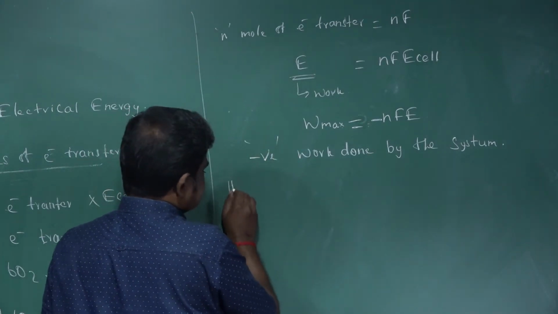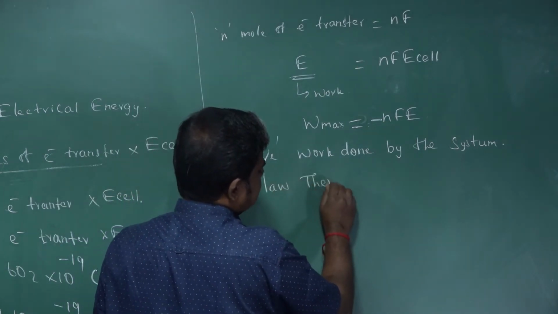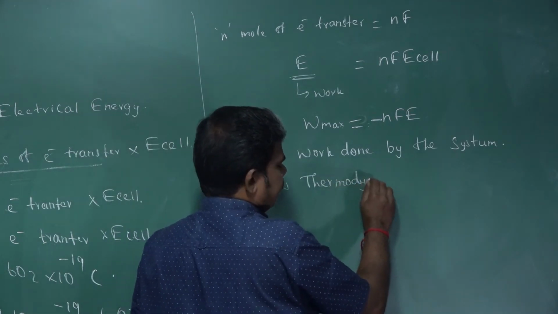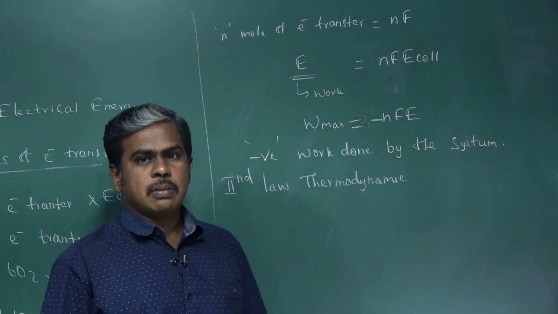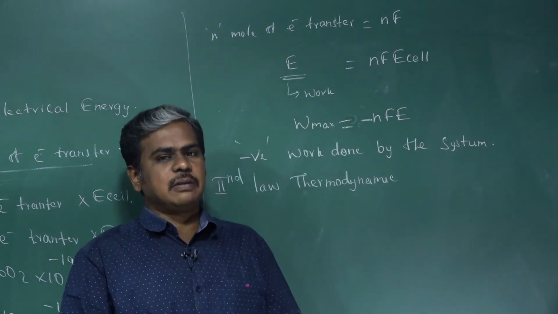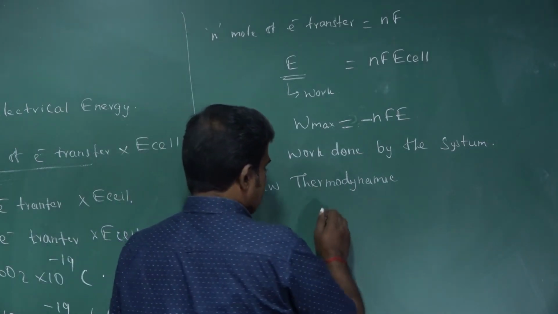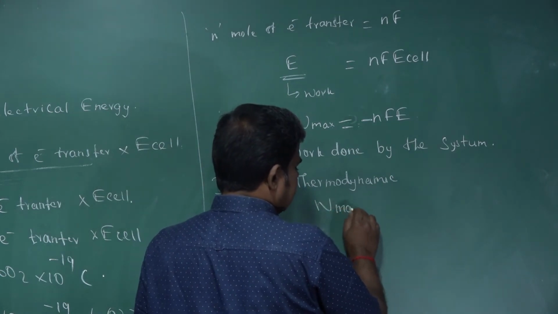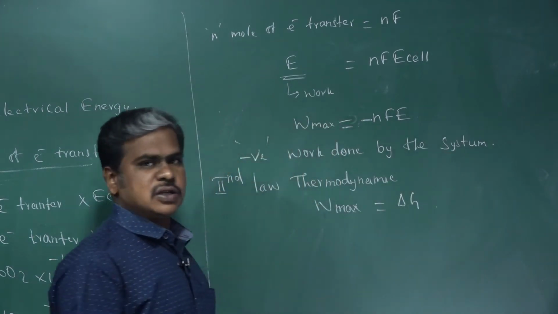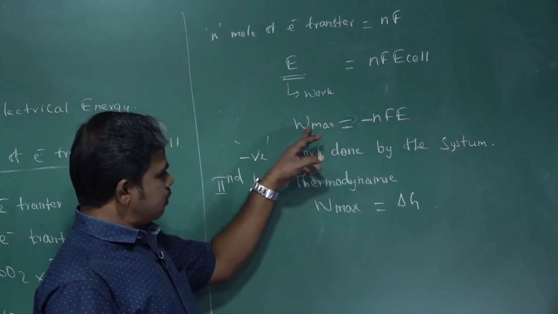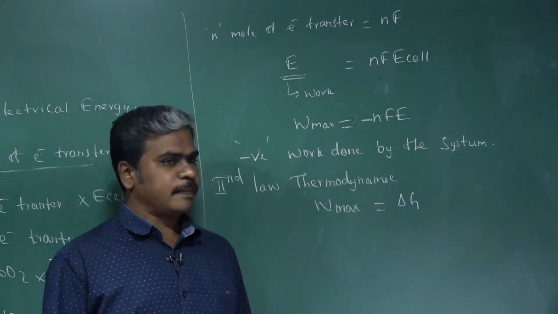According to the second law of thermodynamics, the maximum obtainable work is nothing but the Gibbs free energy, that is delta G. So the maximum work obtainable from the galvanic cell is minus nFE.